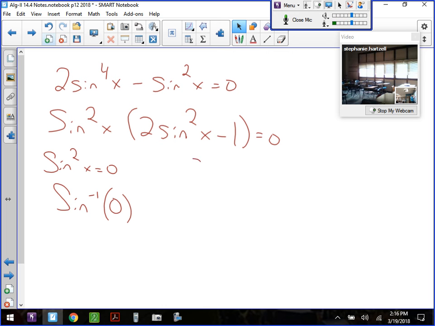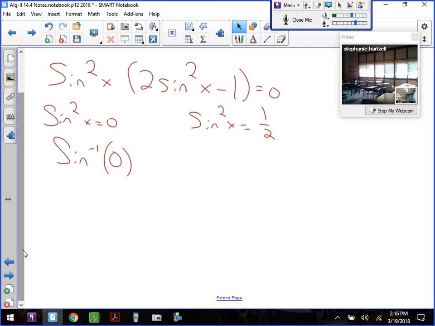And then the other one, we get sine squared x is 1/2. But then I take the square root and I get plus minus 1 over root 2. So what angle has a sine of plus minus 1 over root 2? Be okay with that?